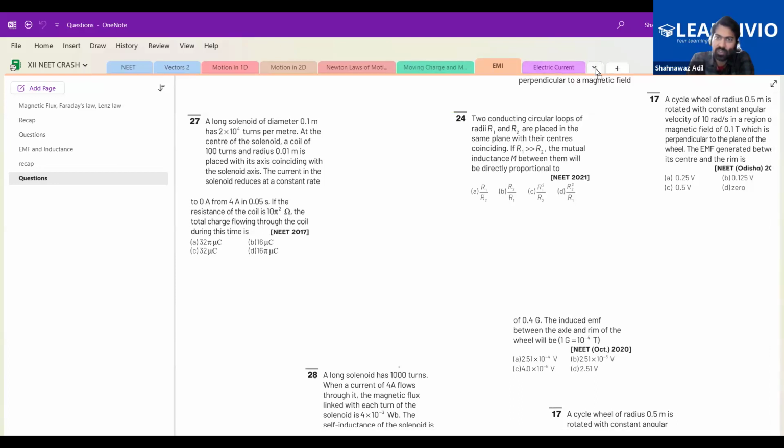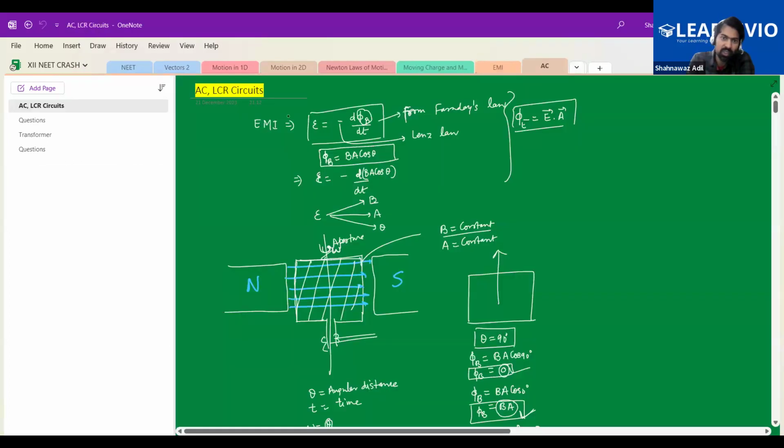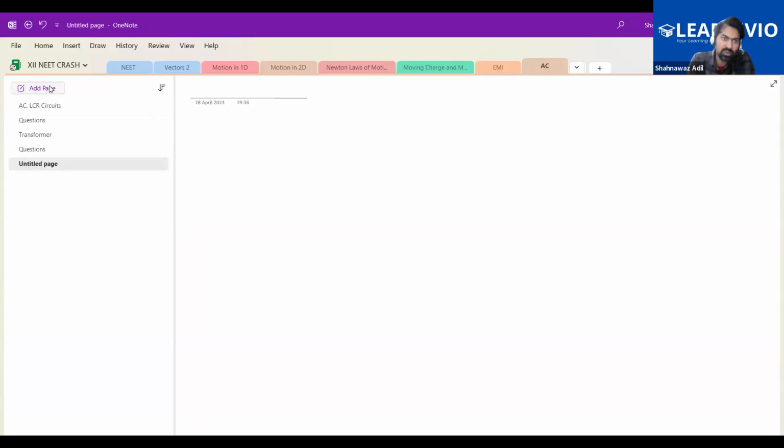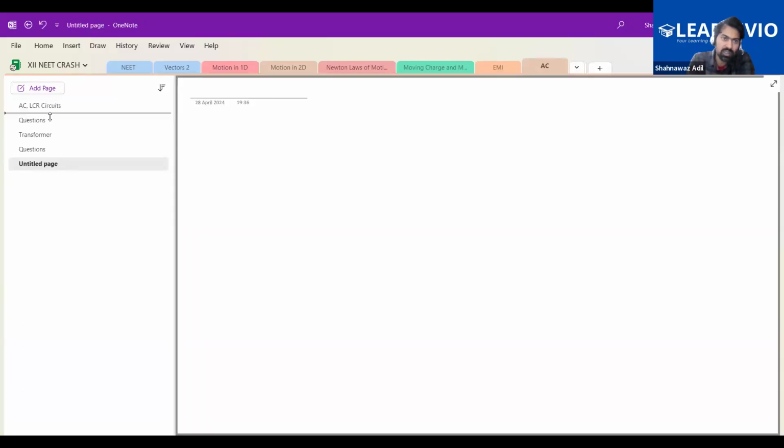The next chapter is this, right? So first, let us understand how we generate AC. How do we generate the alternating current?